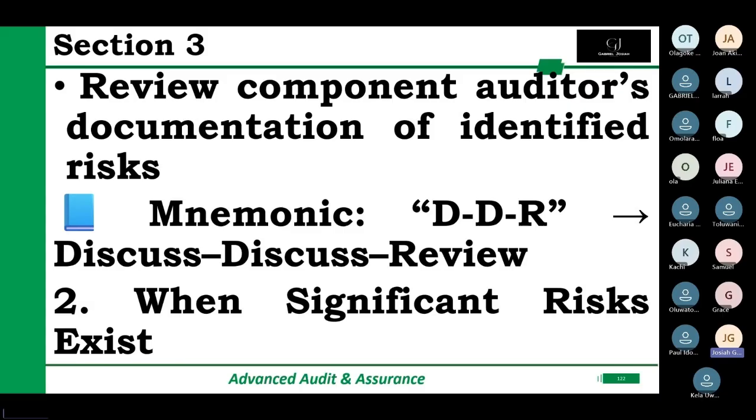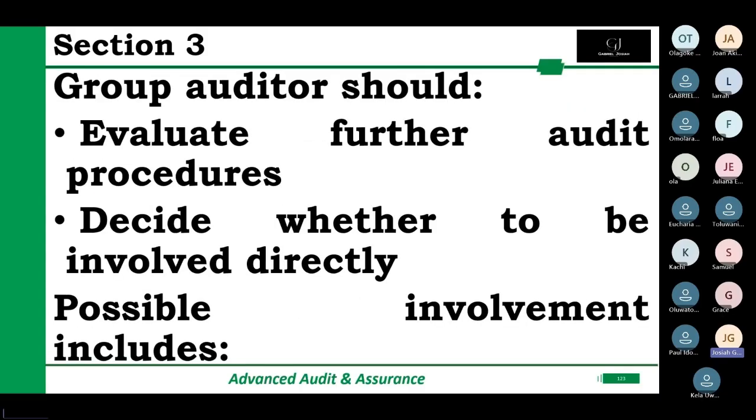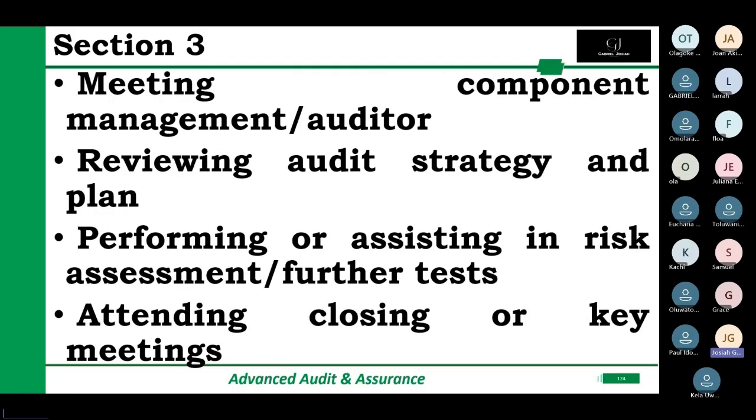So when there are significant risks, the group auditor needs to evaluate and perform further audit procedures on those components. He also needs to decide whether to be involved directly in the audit. And these possible involvements include meeting the component's management and also speaking with the component auditors very directly.